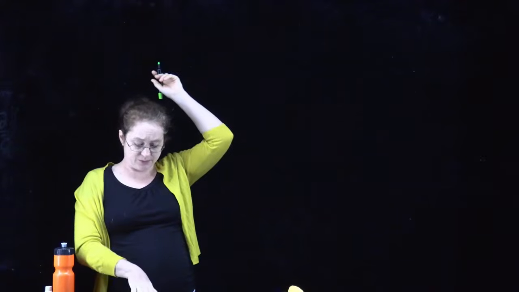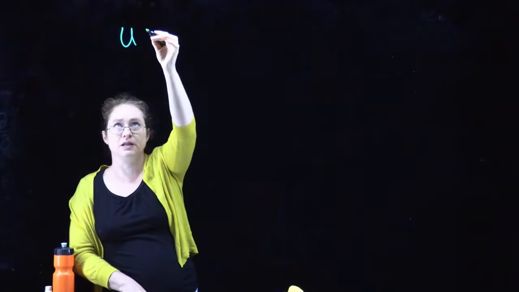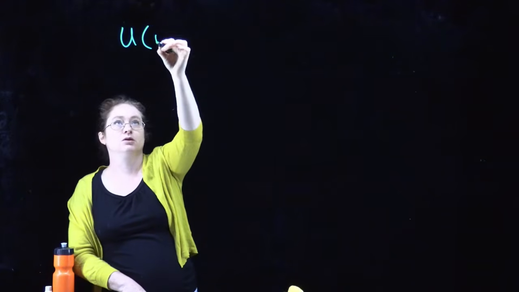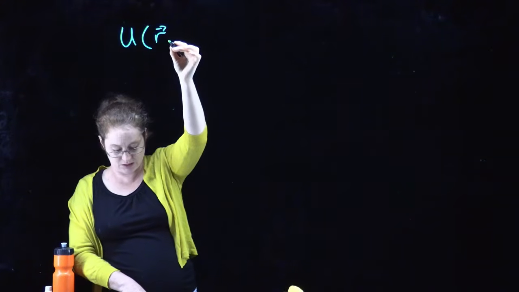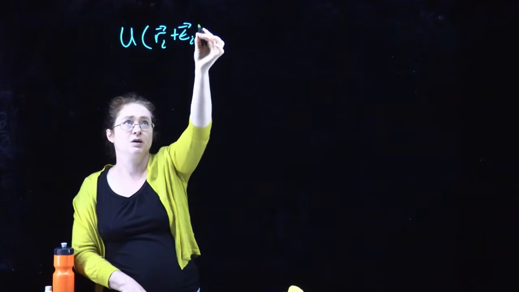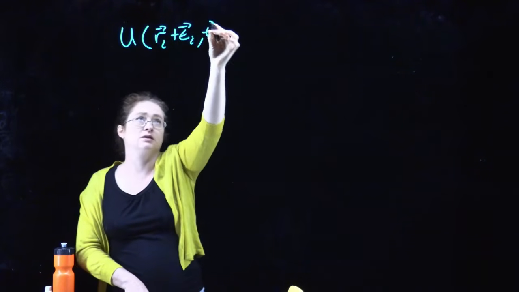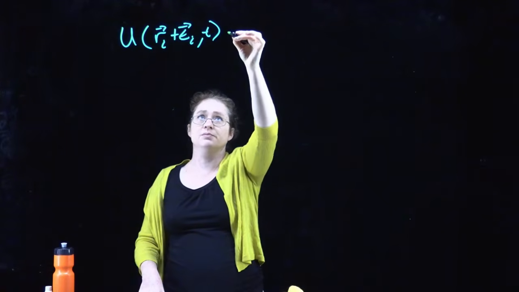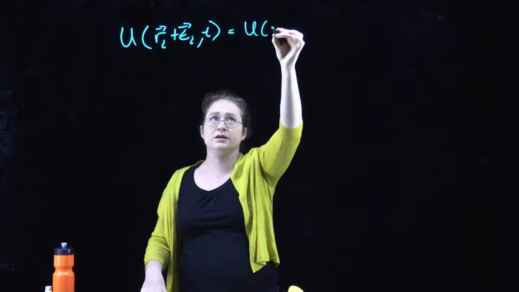All right, so we're going to consider a system which is isolated, where the potential is translationally invariant. So what that means is the potential energy, if you have R plus epsilon, some displacement, the potential is the same.